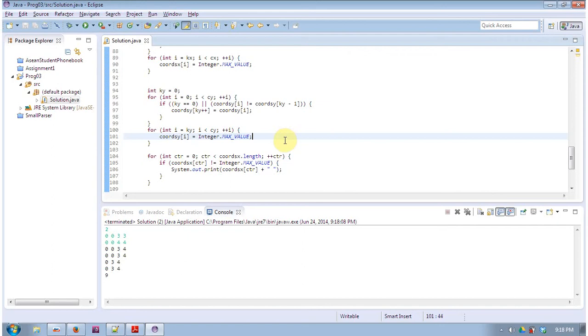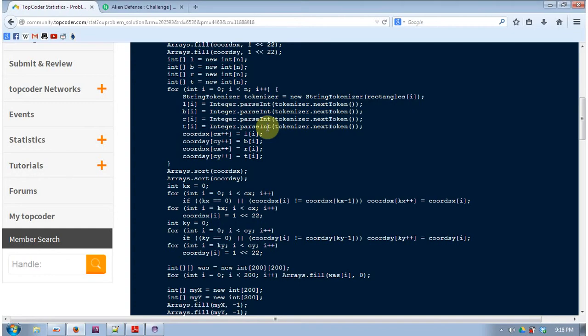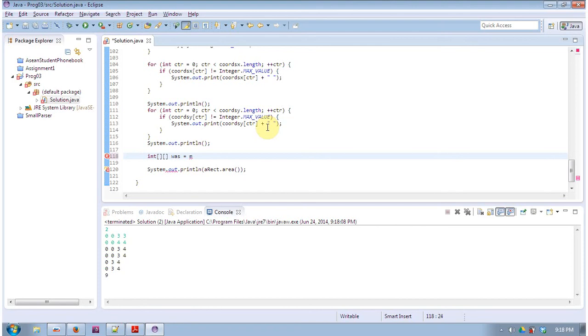So next we'll be declaring a two-dimensional array. For snail, this array is was. So we have a 2000 by 2000 array.